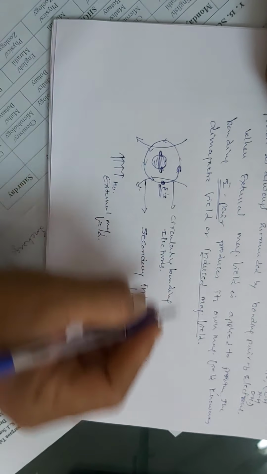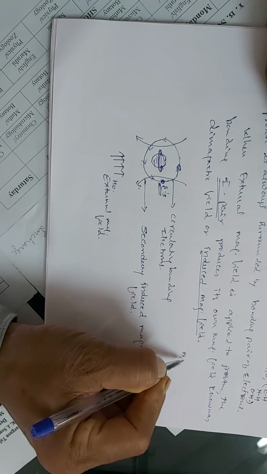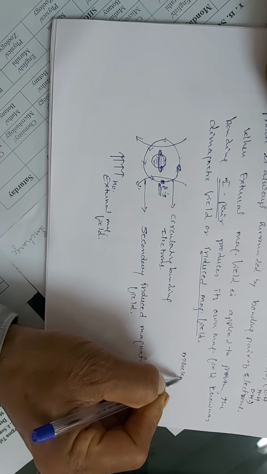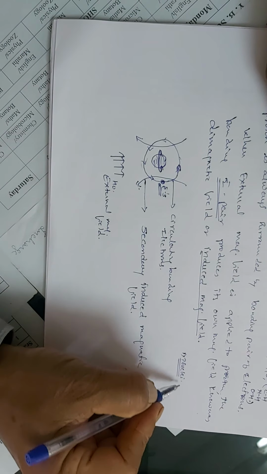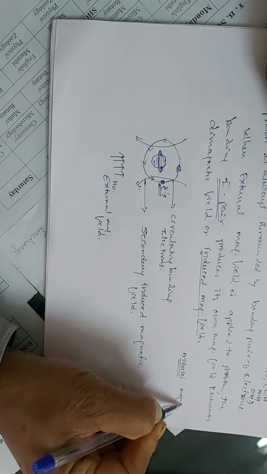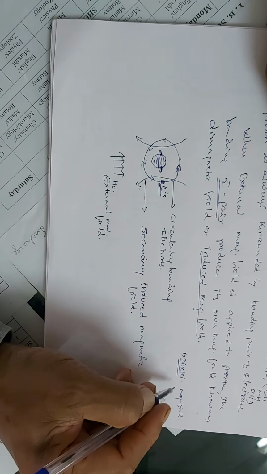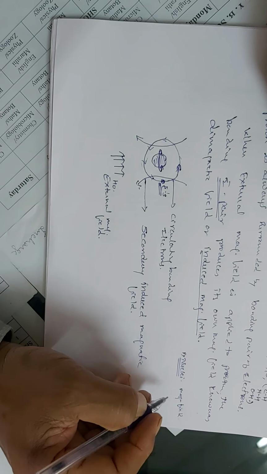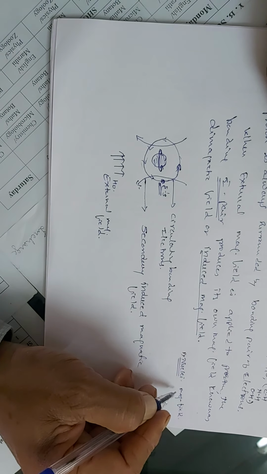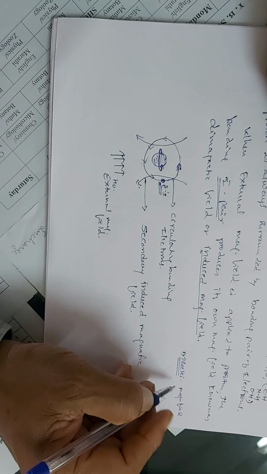So what are we coming to as a conclusion? We have studied that the nucleus, which revolves around its own axis and creates a magnetic field, will align either parallel or anti-parallel to the applied magnetic field, so we get two different orientations.